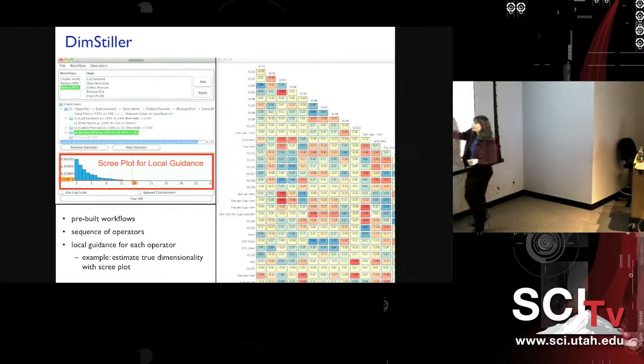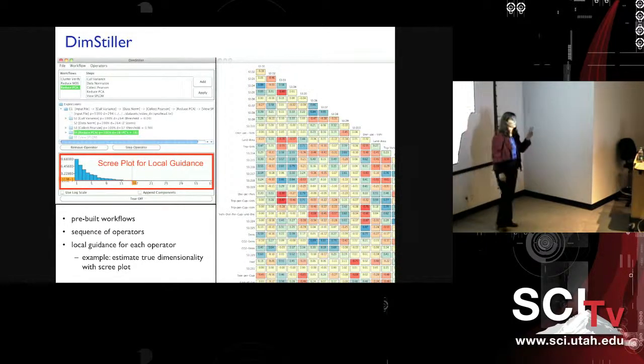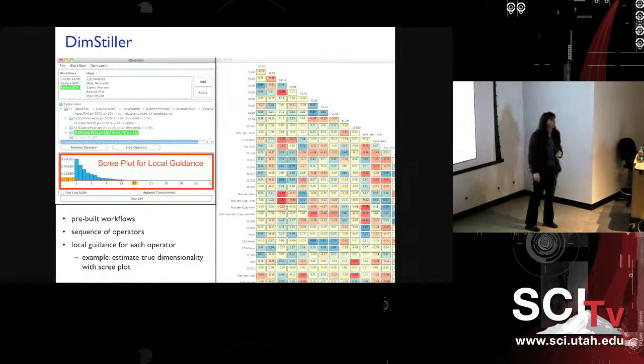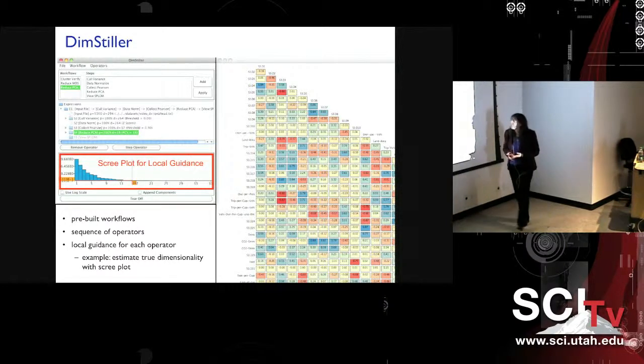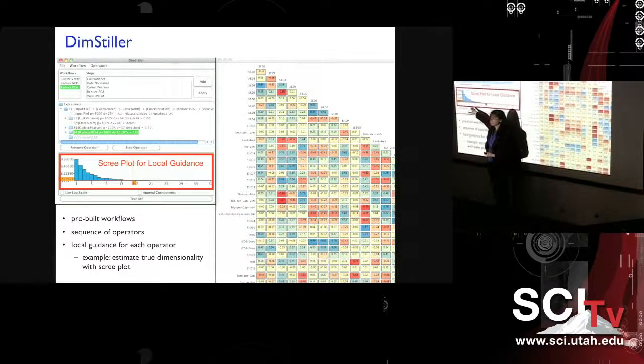So let's take this example, which is if you're going to do dimensionality reduction, how do you pick the target dimensionality? And the answer in many cases is, well, I pick 2, because that's dimensions on a piece of paper. And they don't actually think deeply about what is the dimensionality of my data set. Whereas it has been well known for over 40 years that it's effective and useful to actually look at a scree plot of the residual error.